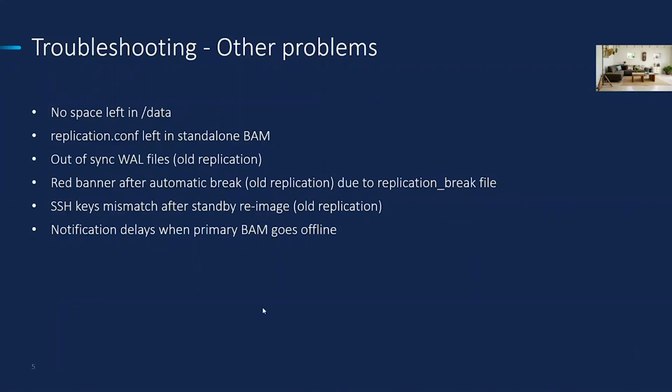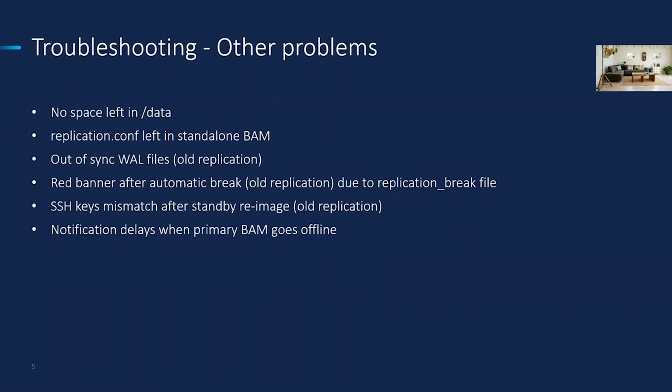A few other things need to be considered while creating replication. Make sure there is enough space left on the data partition. If you recently reconfigured the replication, make sure there is no replication.conf left on standalone BAMs. Make sure there are no old WAL files from a previous replication, and that a red banner always exists if you broke replication recently, and make sure to remove the replication_break file.